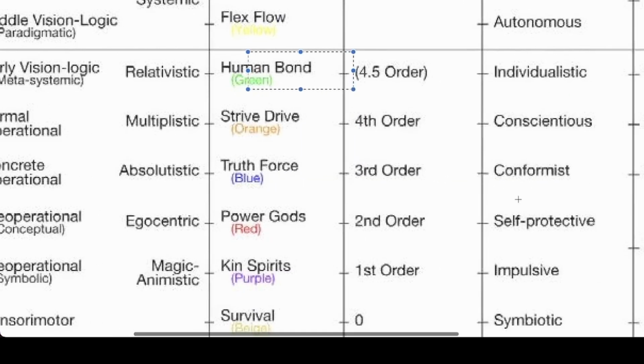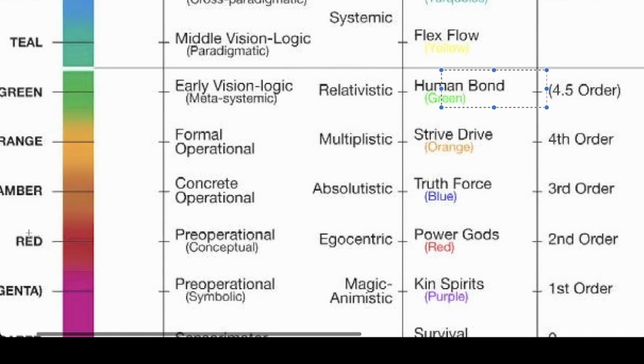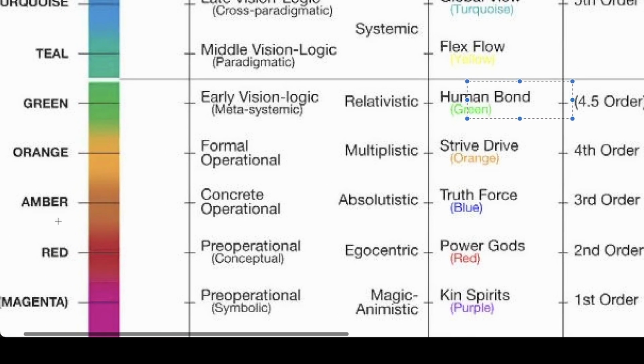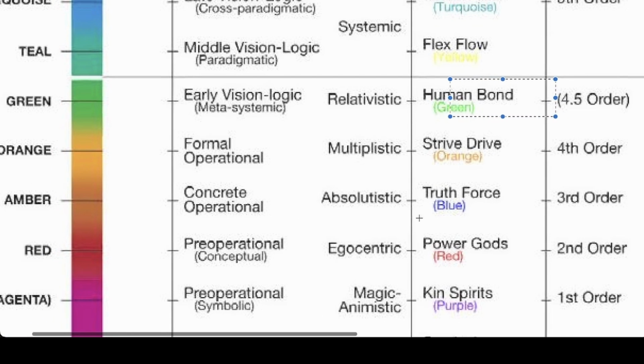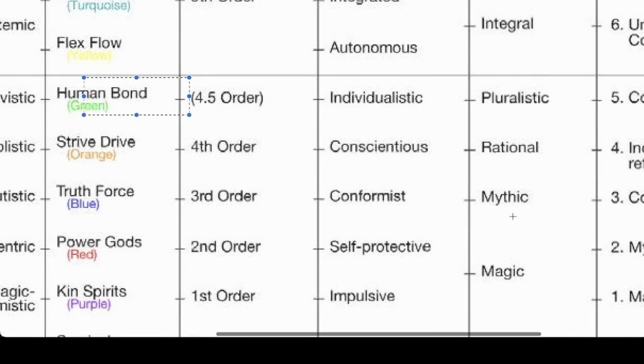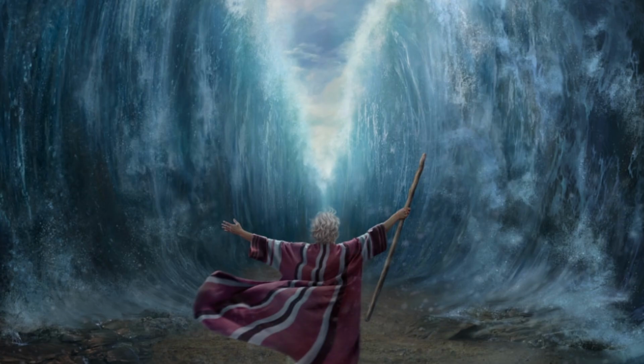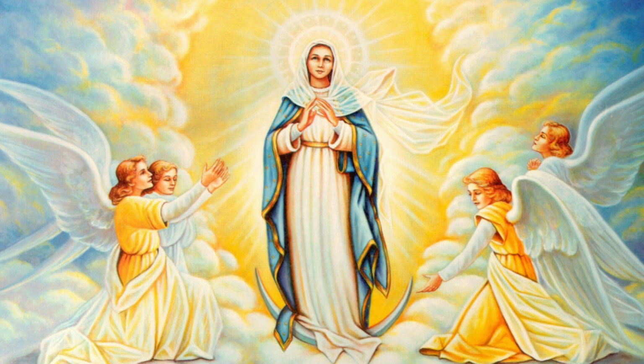Third order conformists, people will lose a part of their red power and individuality to conform to the group at amber. Mythic, it's often called mythic because the myths of the past are felt to be literally true. Moses did part the Red Sea. Jesus was born of a virgin.